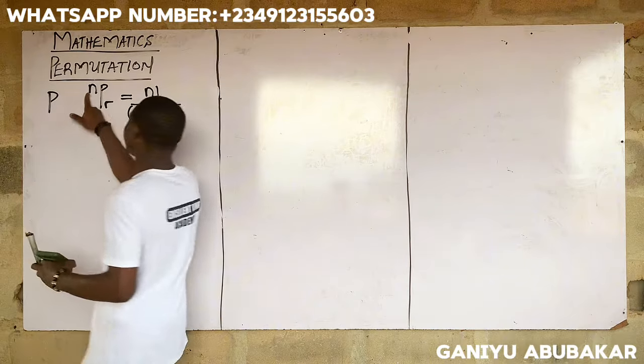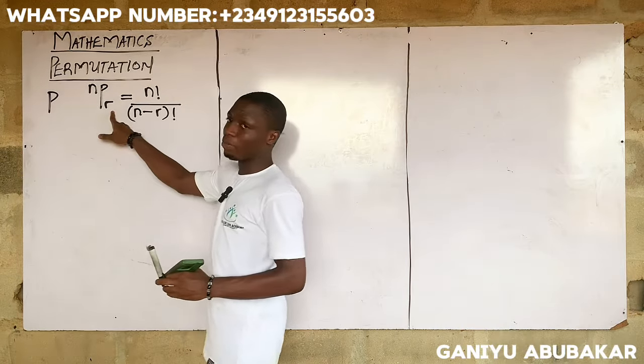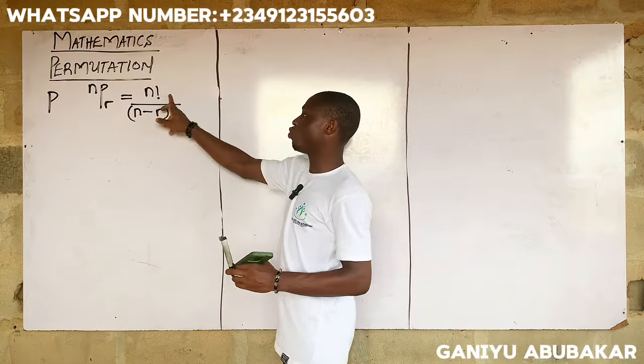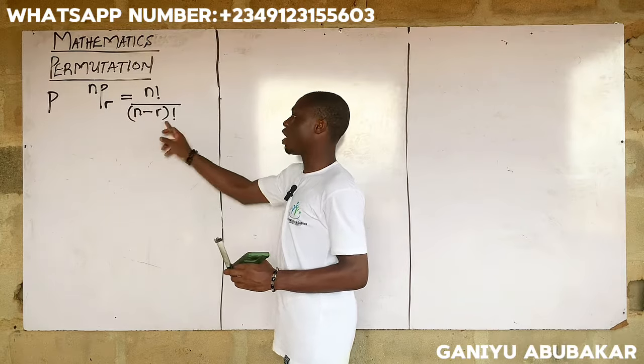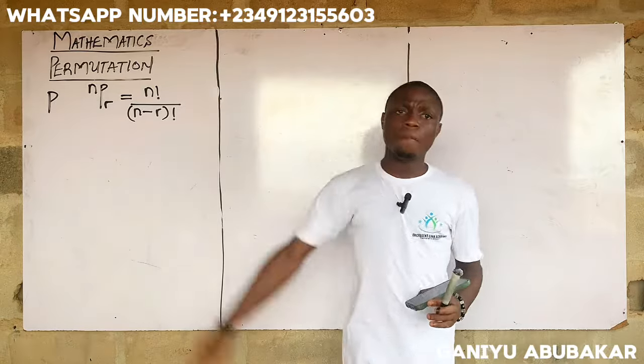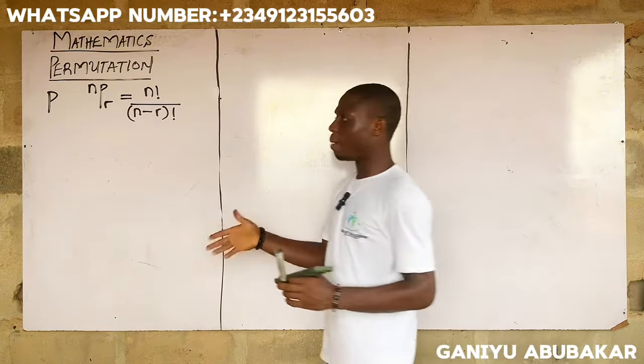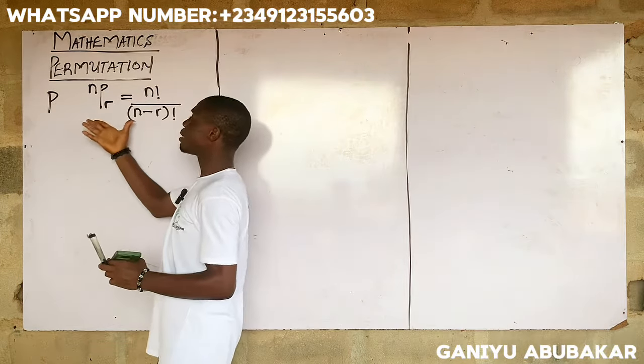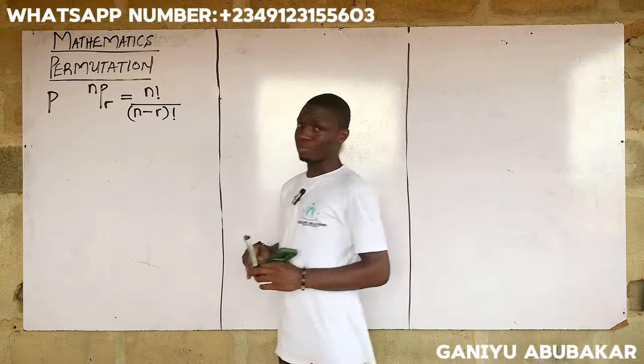If I'm given n different objects taking R at a time, it becomes n factorial all over n minus R factorial. This becomes your mathematical expression for permutation.